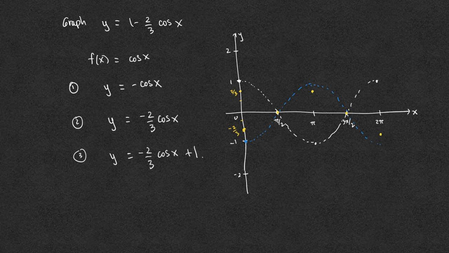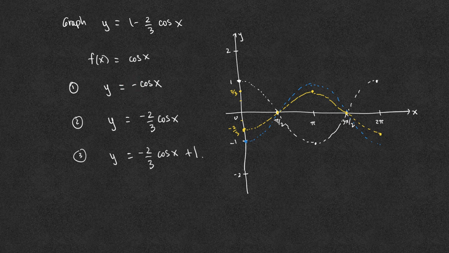Using the 5-point technique again, we will connect these 5 points to get the graph of negative 2/3 cosine of x: low to the middle, and then high, and then back to the middle, and then low. Remember that we only multiplied by 2/3 because we took care of the negative already.